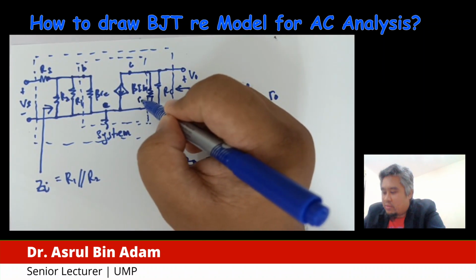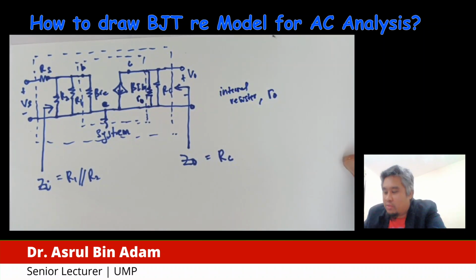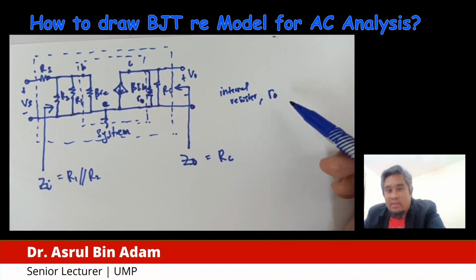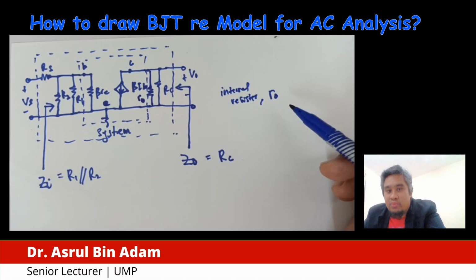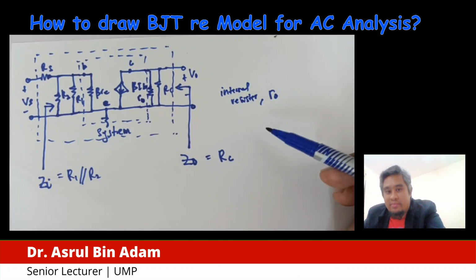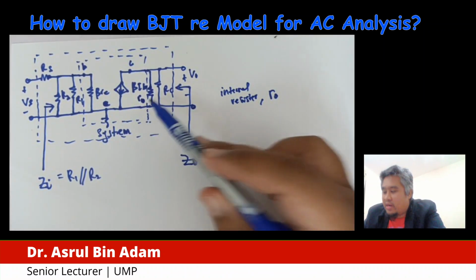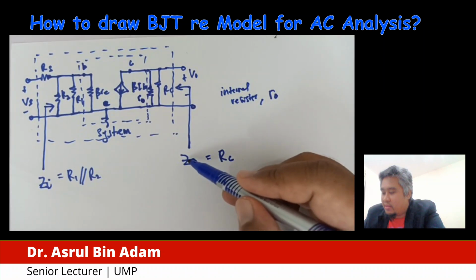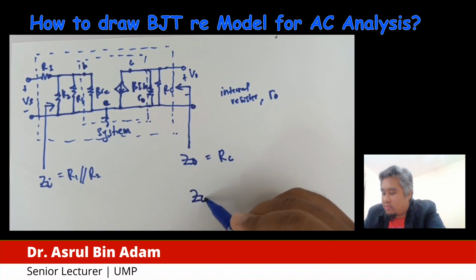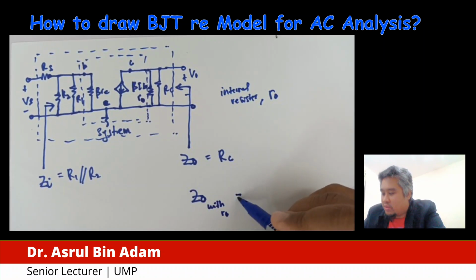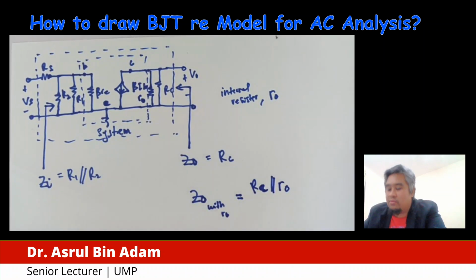If the question or example requires you to determine the output impedance Zout with RO, then Zout is equal to RC parallel RO.